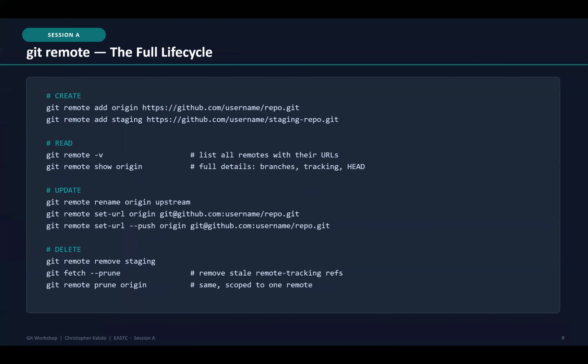As you can see here, the last one is the remote set URL, git remote set URL. But for example, here, what you are doing is the same thing as you are doing here. Actually, this command with the flag -push says, please, under the label origin, if you are pushing code, push to this particular repository.